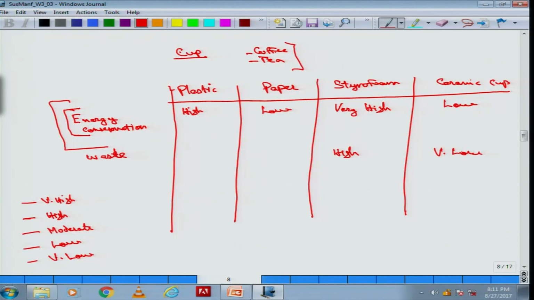For paper it is again low, and for plastic it is again high, because these are not biodegradable products.